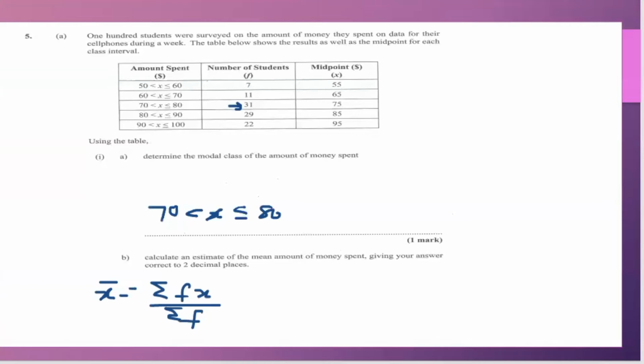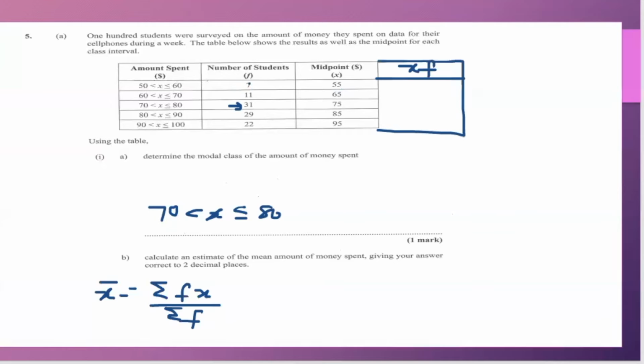That's how we find the mean. So what I can do is create a little column here where I'm going to have XF. XF represents multiplying these numbers. So I will multiply the following.